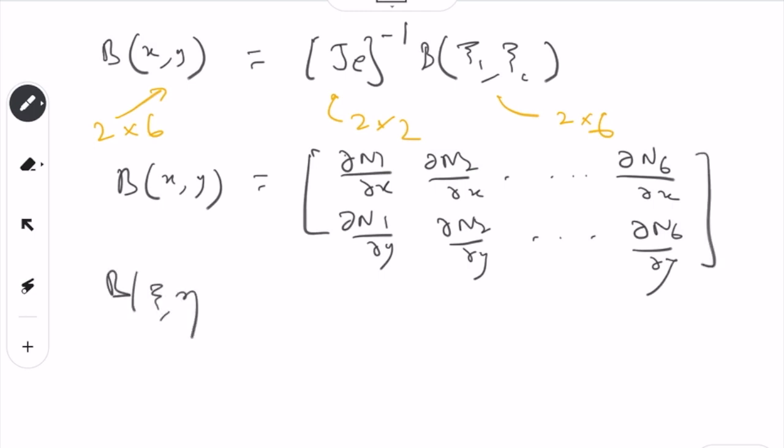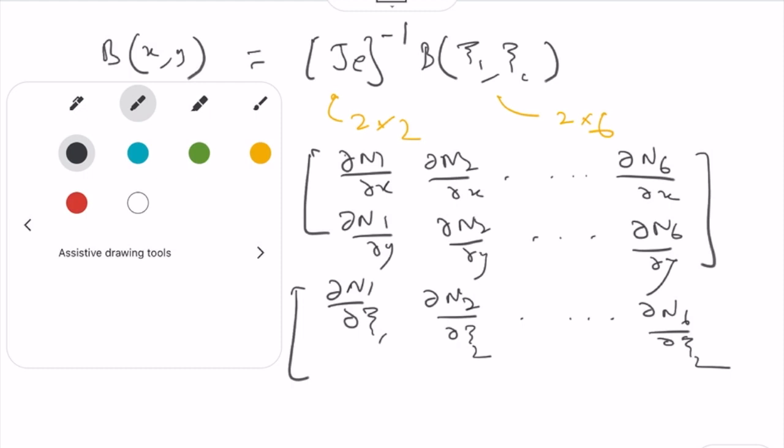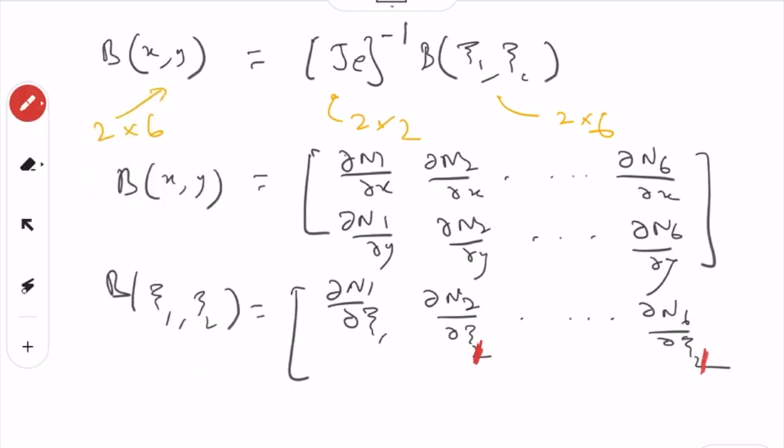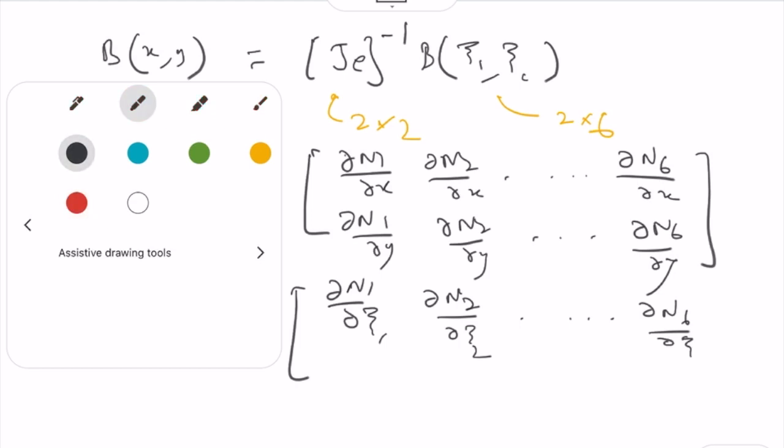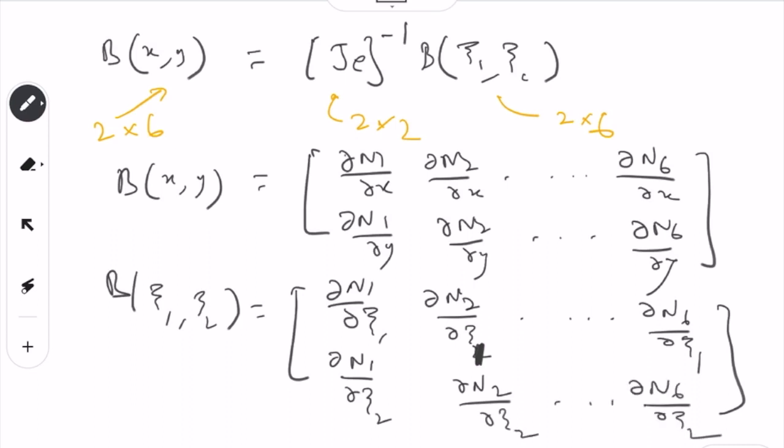B in xi1 xi2 is equal to del N1 over del xi1, del N2 over del xi1, to del N6 over del xi1, and here del N1 over del xi2, del N2 over del xi2, and del N6 over del xi2.